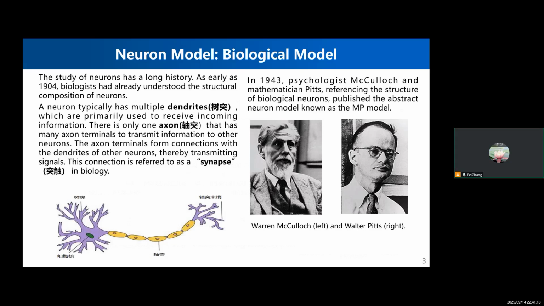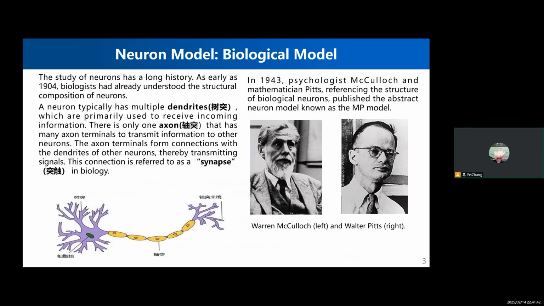The study of neurons has a long history. As early as 1904, biologists had already understood the structural composition of neurons. A neuron typically has multiple dendrites, which are primarily used to receive incoming information.